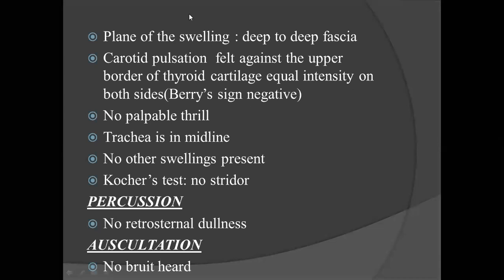If I feel the pulse there but not here, that means probably the huge gland is pushing the carotid away. It is not infiltrating. Suppose I am not able to feel it here, and not able to feel it there also, that means the carotid artery is infiltrated by the malignancy. When you are not able to feel here and there also, then it becomes very positive. Okay. All of you clear with this?